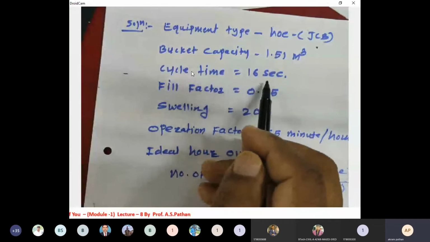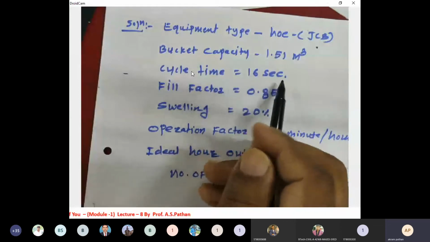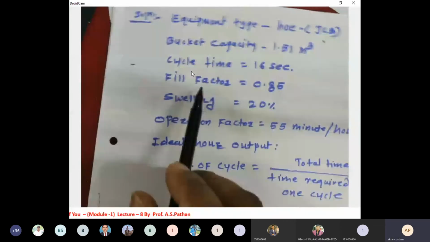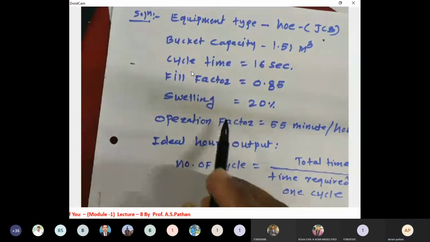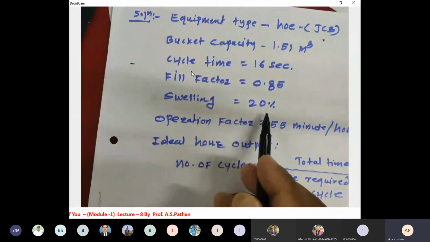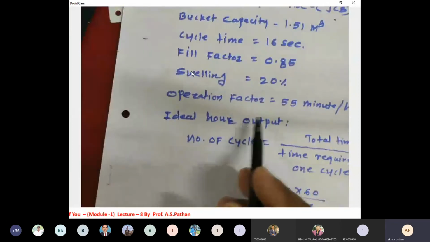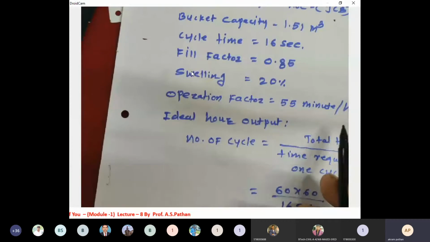Then cycle time is given, that is 16 seconds. Then fill factor 0.85. The swelling of the material is given 20%. Then operation factor is 55 minutes per hour.